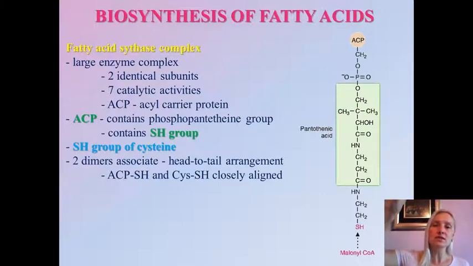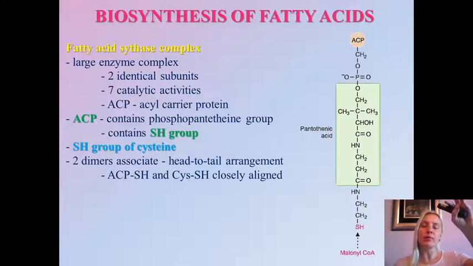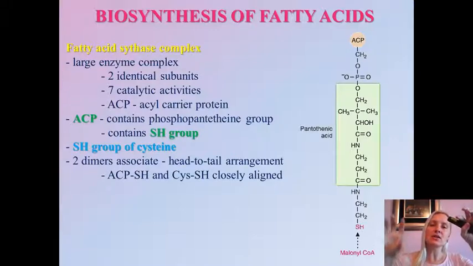So on one side of the subunit, we have ACP with SH group, and on the other side, we have cysteine with SH group. When those two subunits associate, they are organized in a so-called head-to-tail arrangement. One subunit has, for example, ACP-SH group on the top and cysteinyl-SH group at the bottom, but the next subunit is going to have a cysteinyl-SH group on the top and ACP-SH group at the bottom.